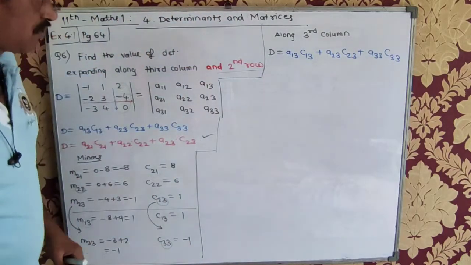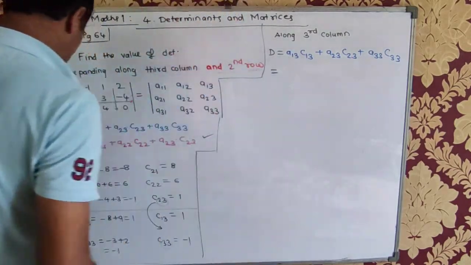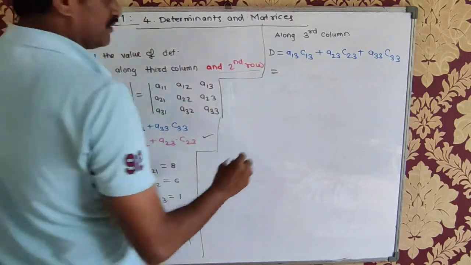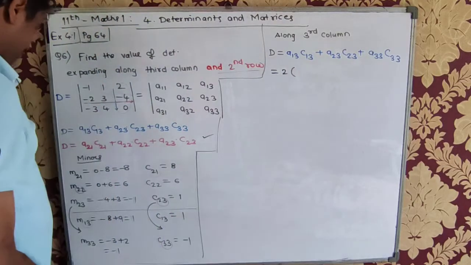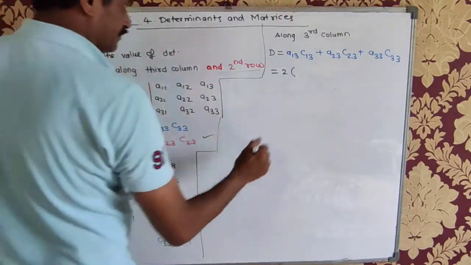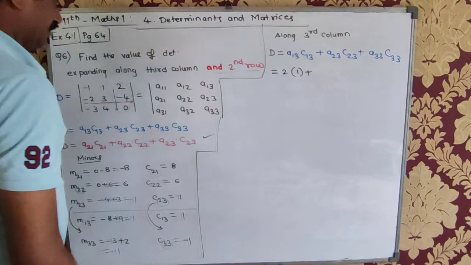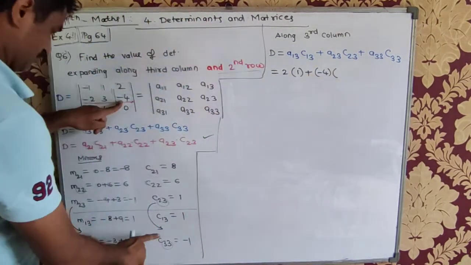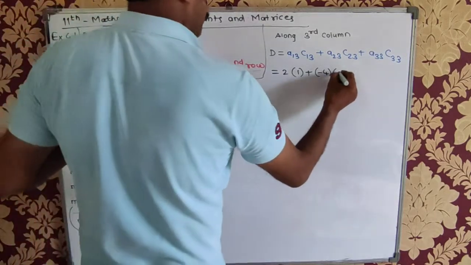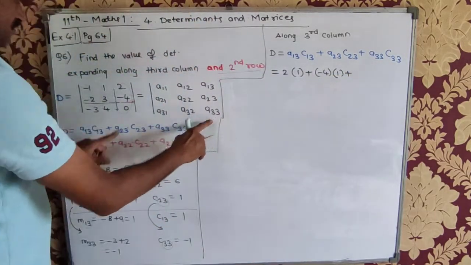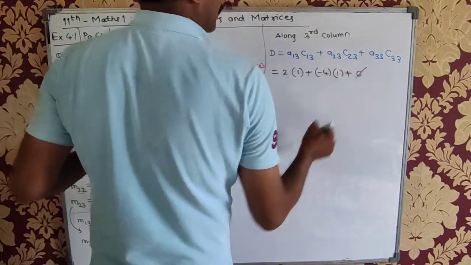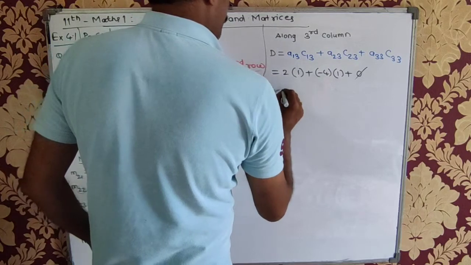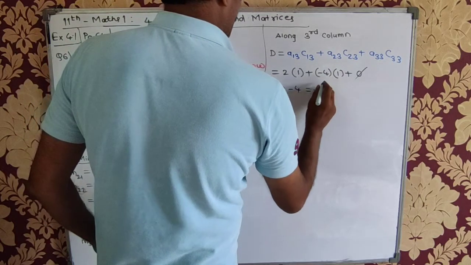Is this okay? Therefore, what is A13? A13 is 2, C13 is minus 2. A23 is minus 2, C23 is 1. A33 is 0, so C33 is whatever, it makes no difference. So D is equal to minus 4 minus 4 plus 0, which is equal to minus 2.